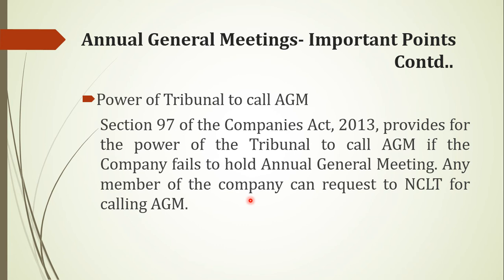If the company fails to hold the AGM within the time limit given under section 96, which I have already discussed in my part 1 video, then any member can request the NCLT to call the AGM, and the NCLT or the tribunal has the power to call that AGM.